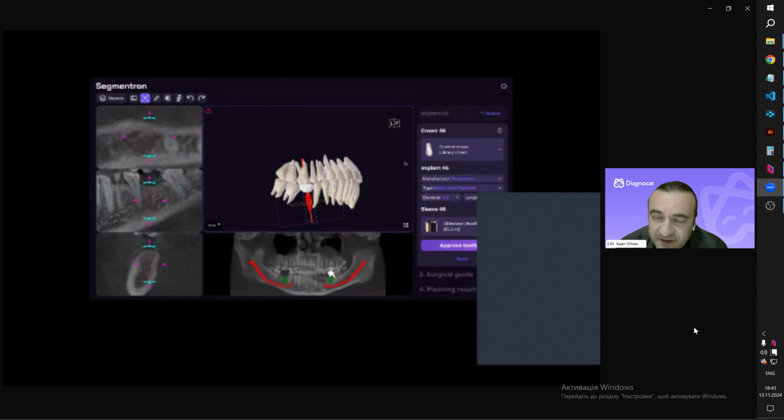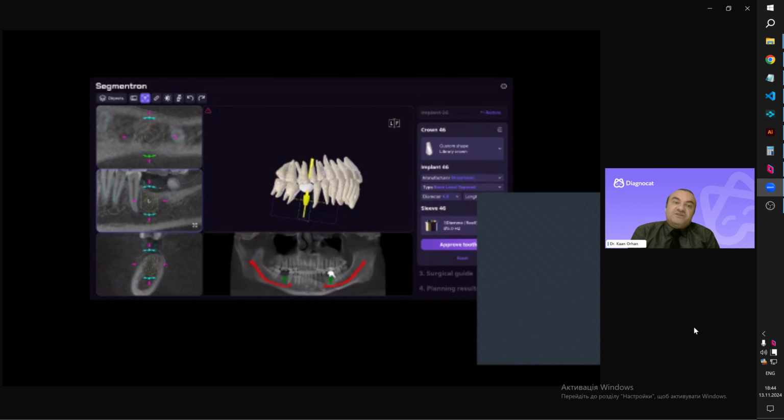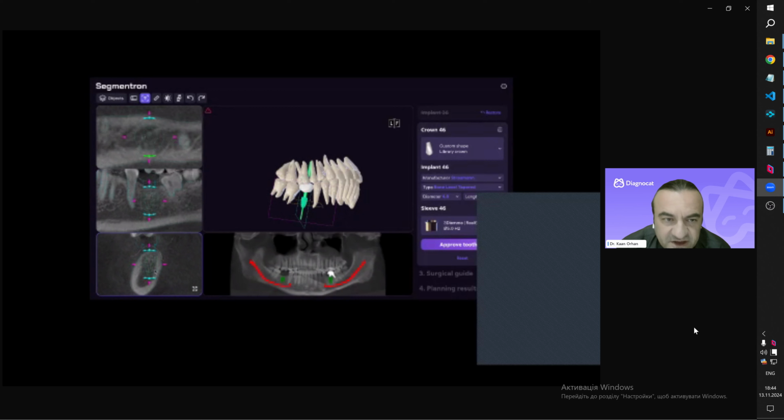From the library, you can select the manufacturer, the type, diameter, and length. That's it. All you need to do is place the implant in a precise area from axial, sagittal, and cross-sectional views. Just fit it in the mandible for this case, or just fit it in the anatomy.